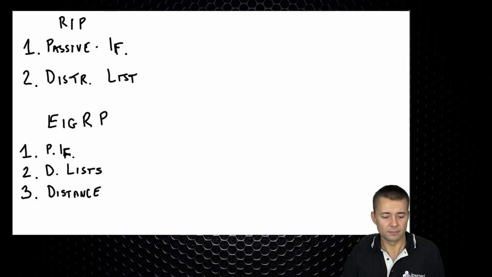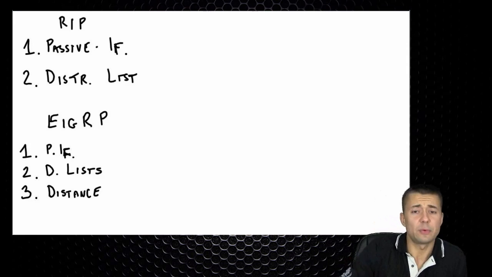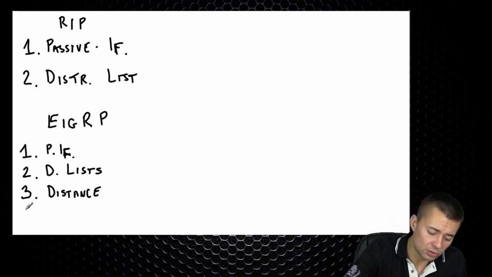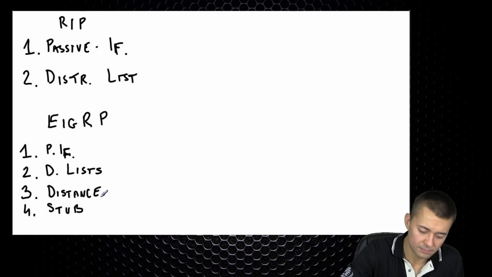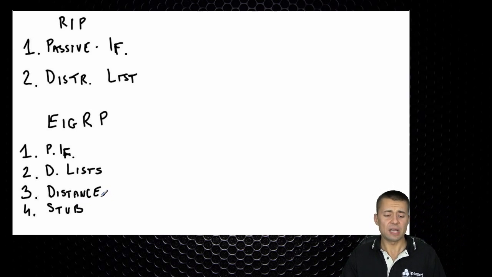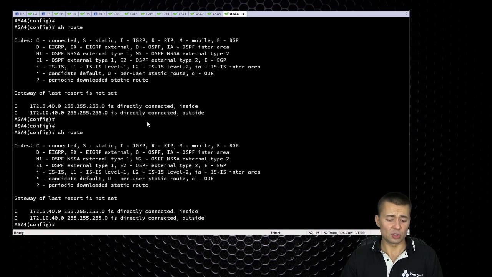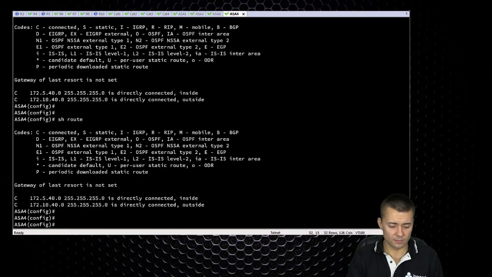This is another method we can use, and there is one more that is unique to EIGRP, which is stub routing. So EIGRP stub routing is basically a way to tell the device what kind of prefixes you want to advertise to the neighbors.